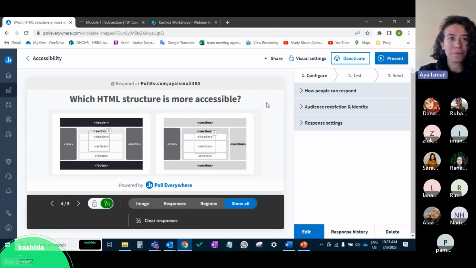So next question, which HTML structure is more accessible? The one on the left or the one on the right?